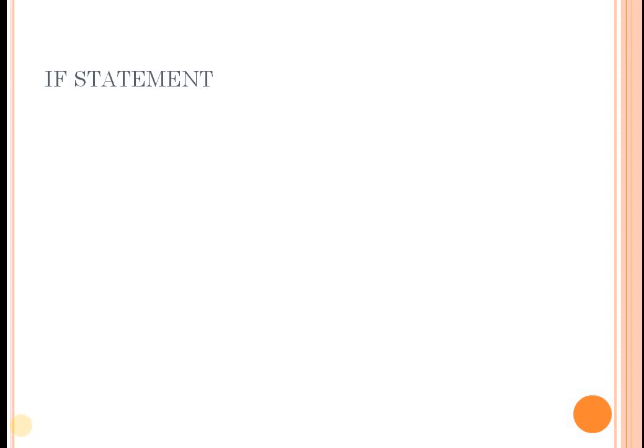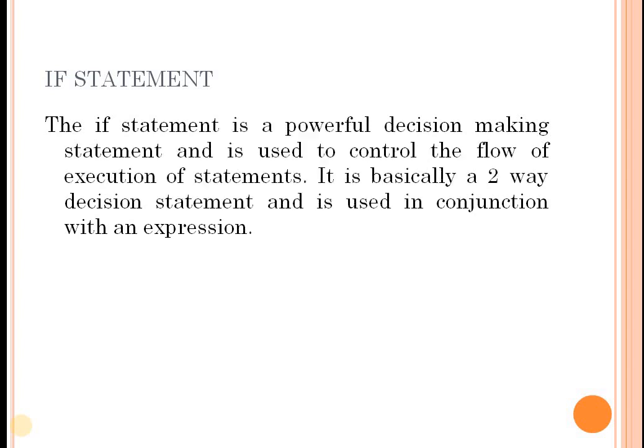We shall see the first control statement, that is the simple if statement. The if statement is a powerful decision-making statement and is used to control the flow of execution of statements. It is basically a two-way decision statement and is used in conjunction with an expression.